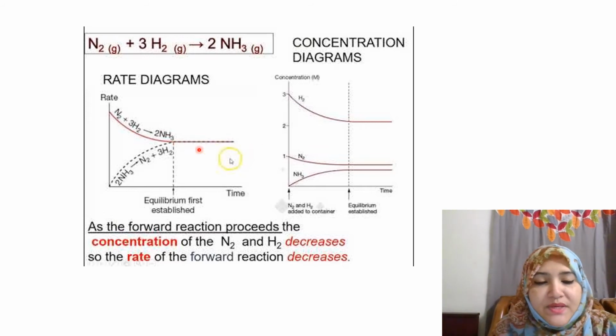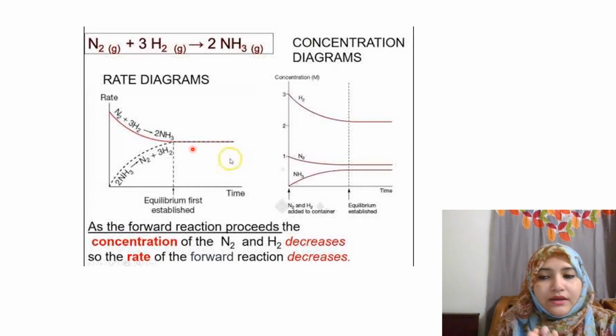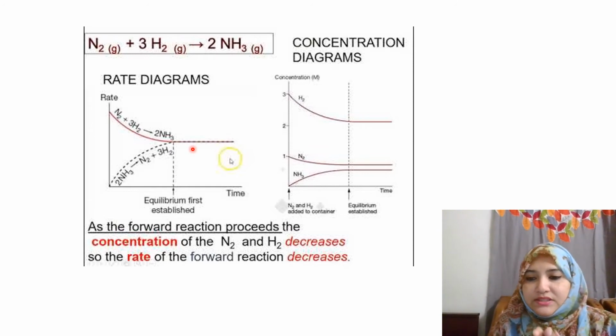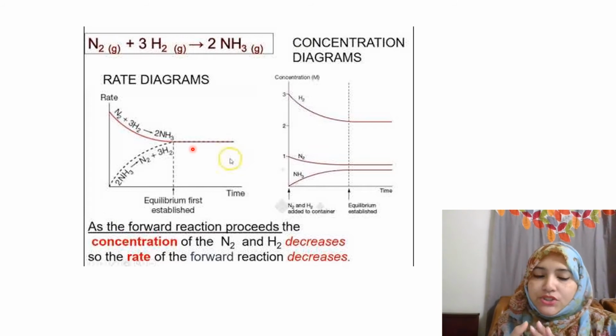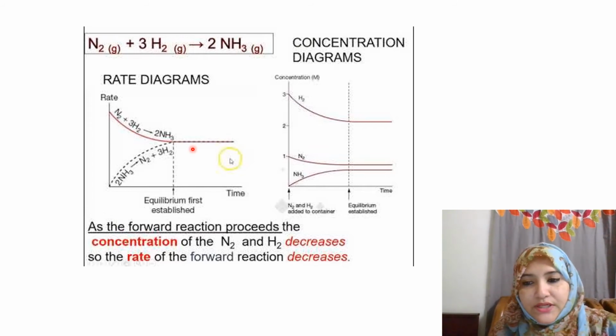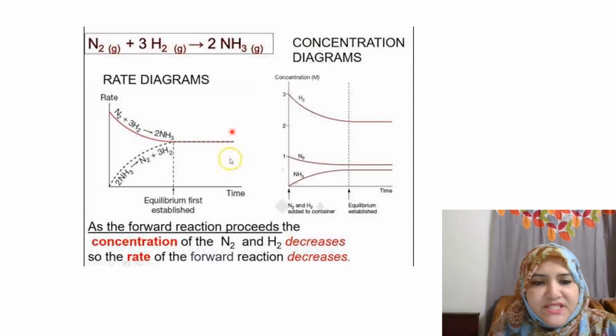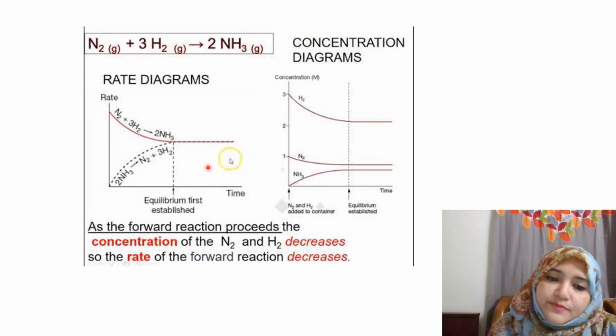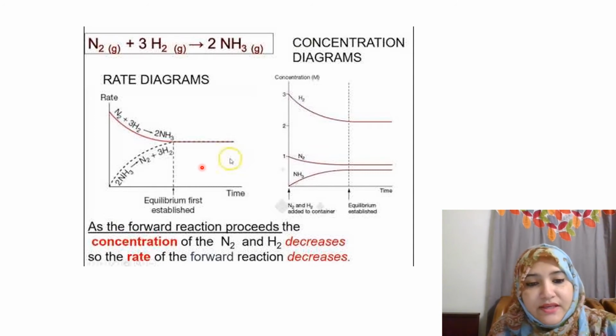There is no measurable change, and we cannot measure the change in the concentration of the reactants and products. That means nitrogen, hydrogen, and ammonia. Nitrogen and hydrogen keep combining to form ammonia, while ammonia keeps breaking down into nitrogen and hydrogen at the same time.